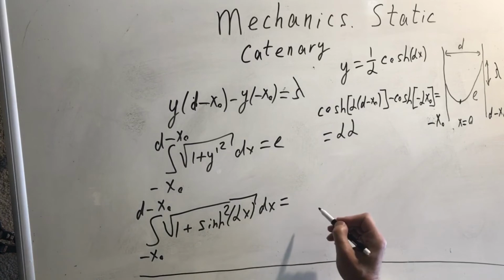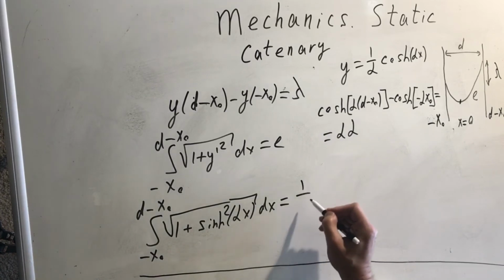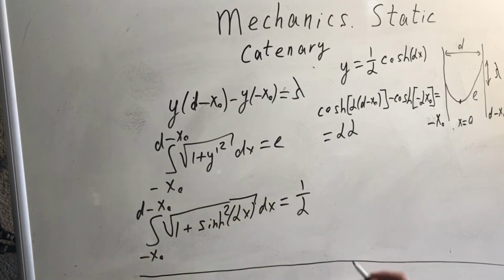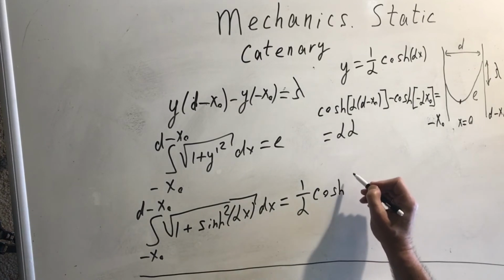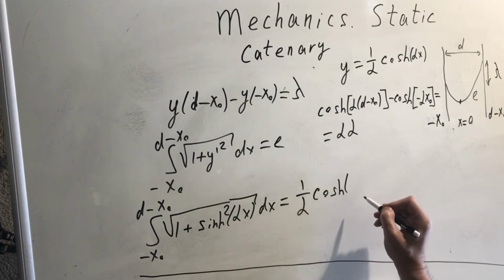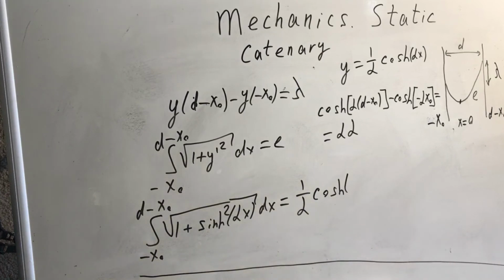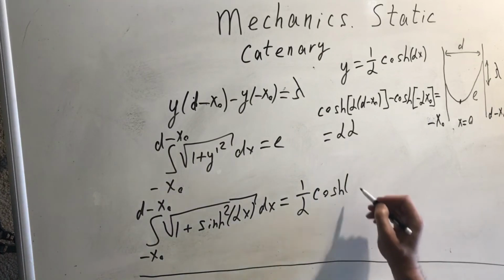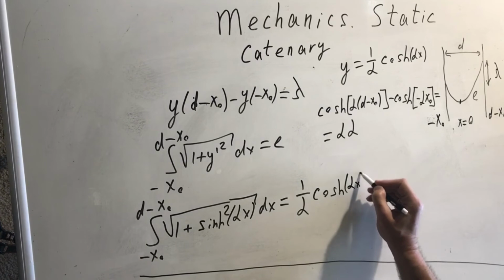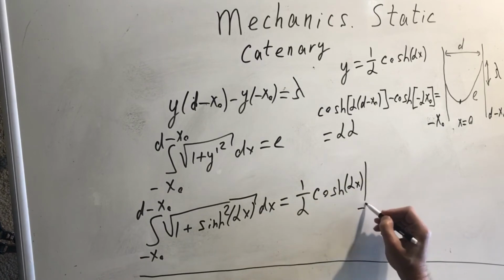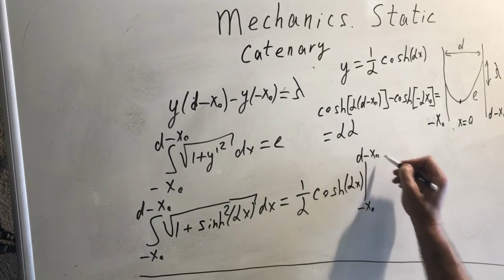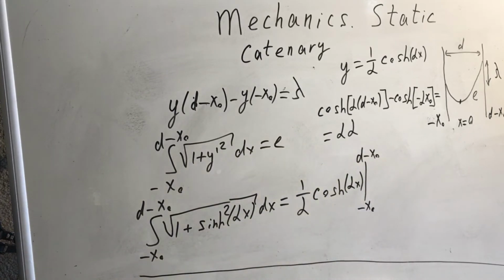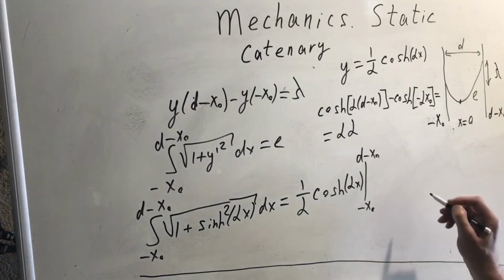And finally we have this expression: 1 over alpha, hyperbolic sine of alpha x from negative x0 to d minus x0.